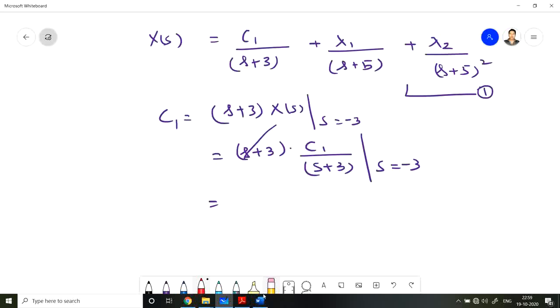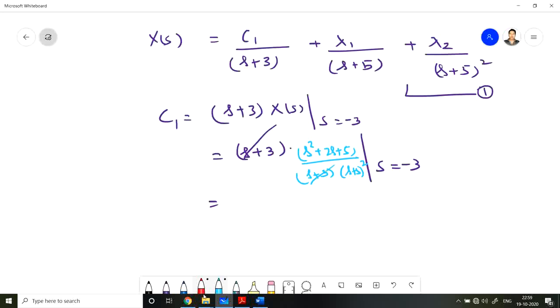X(s) is basically (s square plus 2s plus 5) divided by (s plus 3)(s plus 5) square. So s plus 3 will be cancelled out.